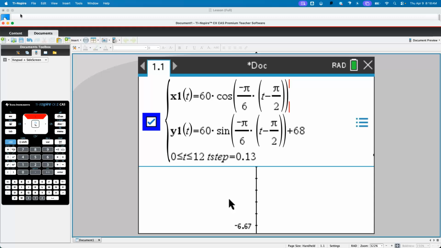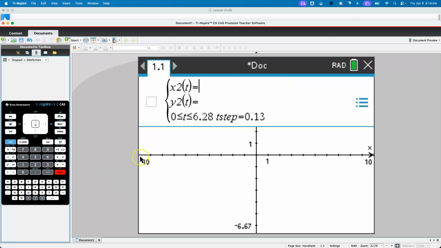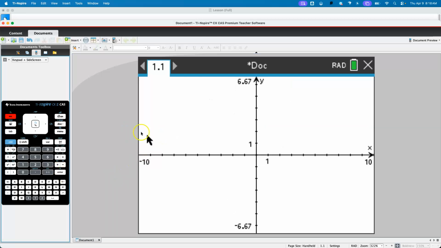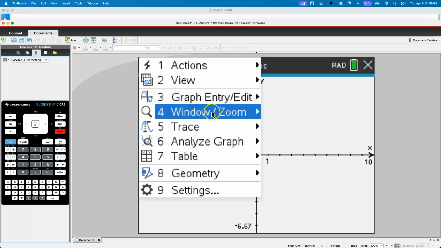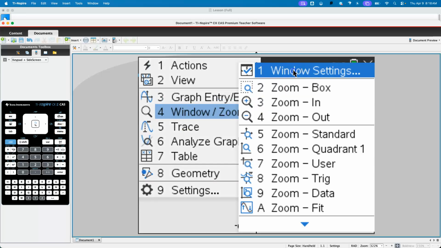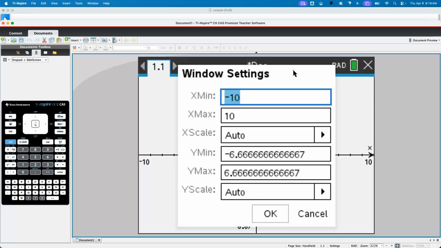Then when we go to graph it, we are going to have to adjust our window for x's.